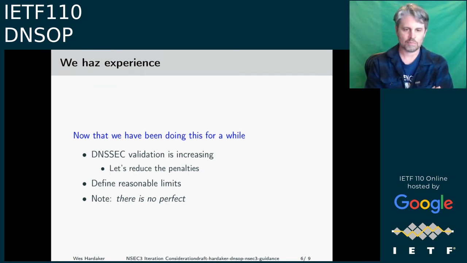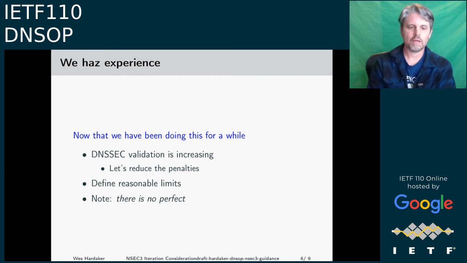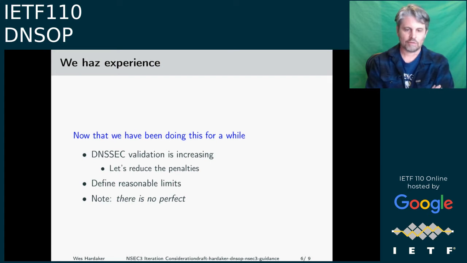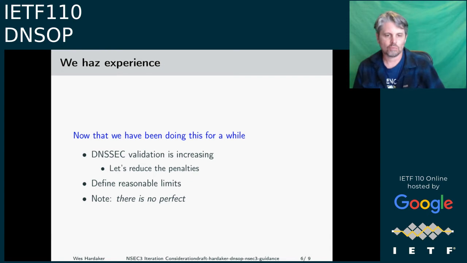It's actually not helping people as much as it could be. And I know the NSEC3 authors are likely in the room. I would love their opinions on all of this as well. So it's time to define some more reasonable limits given our experience in deployment now. But, of course, there is no perfect, so everybody gets to choose their own values.